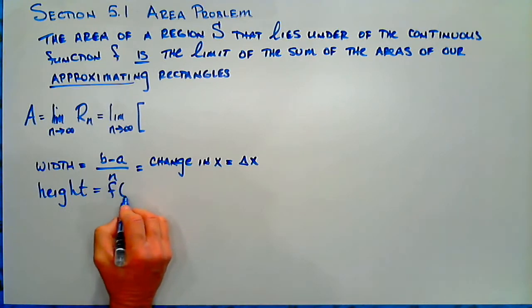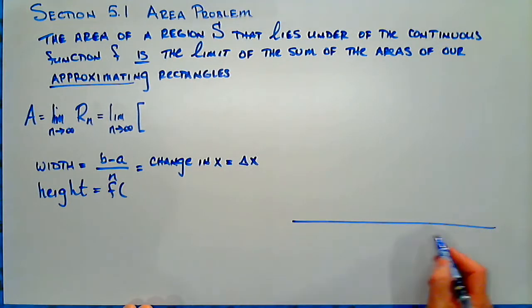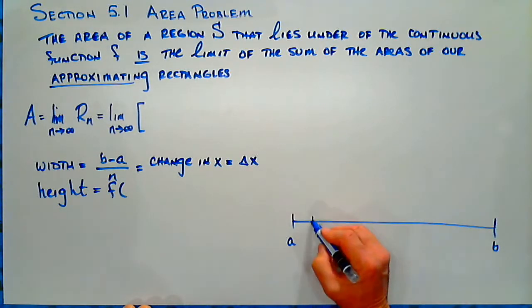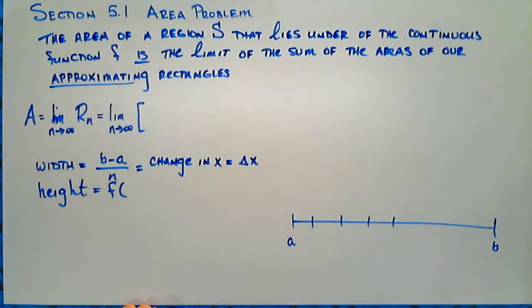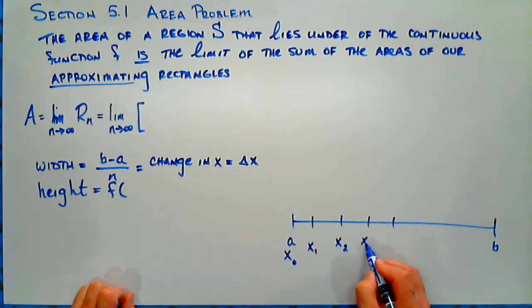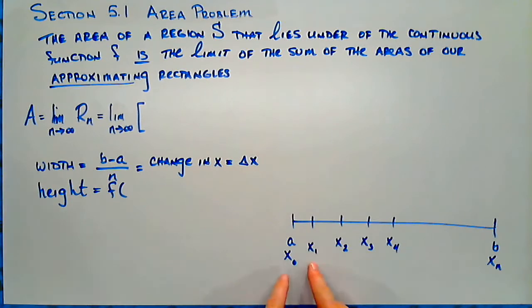we called that f of, and then when we made our interval, our interval started here at a and ended here at b, and we had our sub-intervals going like this. We're going to label these x sub 0, x sub 1, x sub 2, x sub 3, x sub 4, up to x sub n, because generally we're not going to know what these numbers actually are, so we use subscripts on the x-axis to enumerate them.